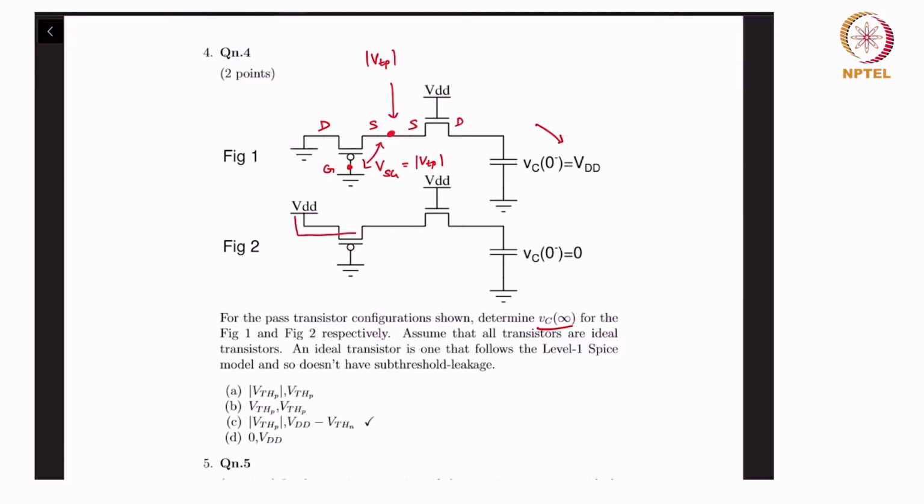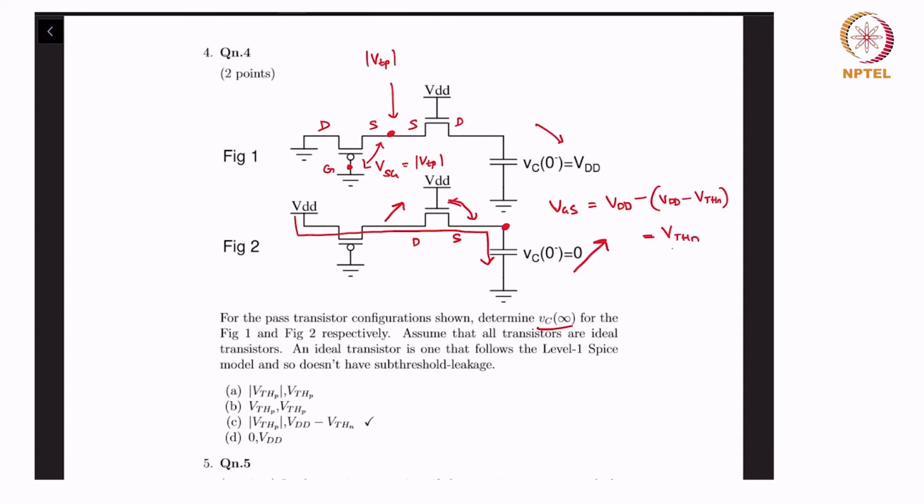There is a conducting path from the supply to the capacitor through the two transistors, and so therefore the voltage will be rising and this voltage will also be rising, but this voltage can only rise until VDD minus VTN, because at that point VGS, since this is the drain and the source for the NMOS, VGS is VDD, which is VG, minus VDD minus VTN, which is equal to VTHN.